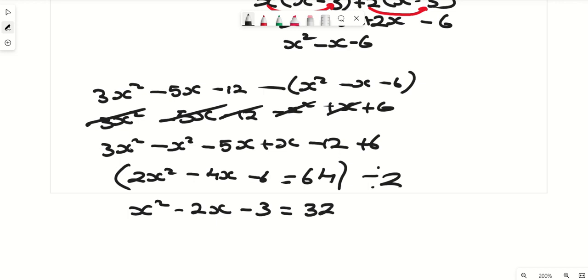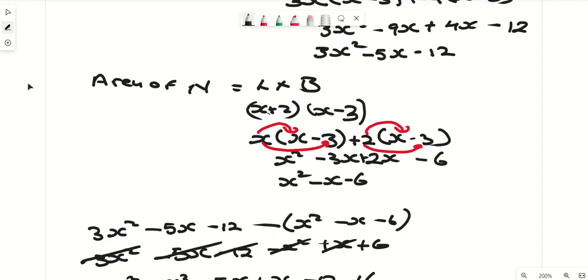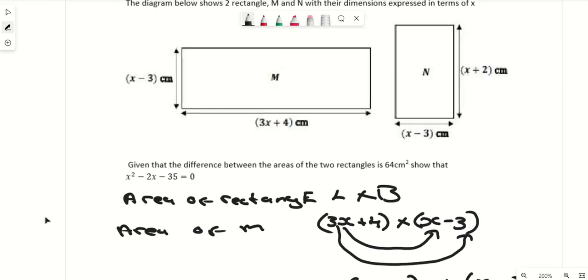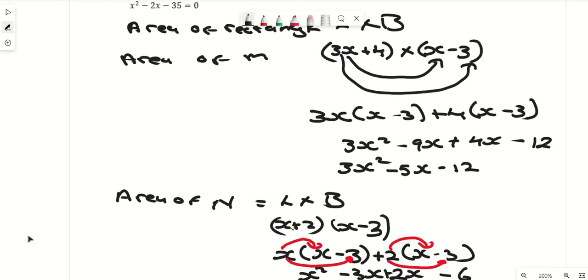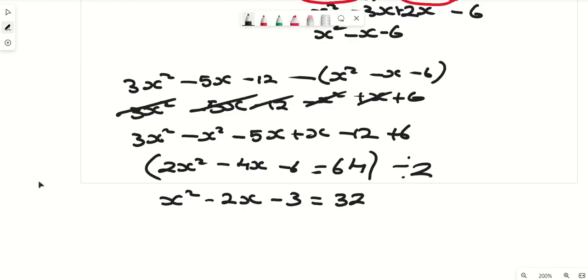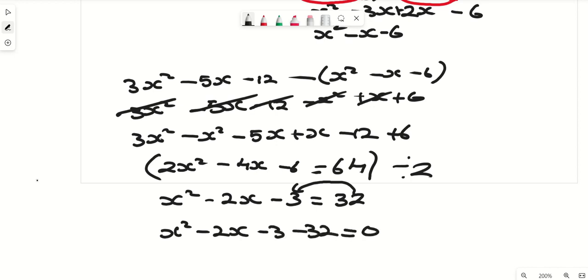And then we want to make it equal to 0, so we have to cross that 32 over the equal sign. And the opposite of plus 32 is minus 32. So it's x squared minus 2x minus 3 minus 32 is equal to 0. Minus 3 minus 32 is minus 35. And this is equal to 0.